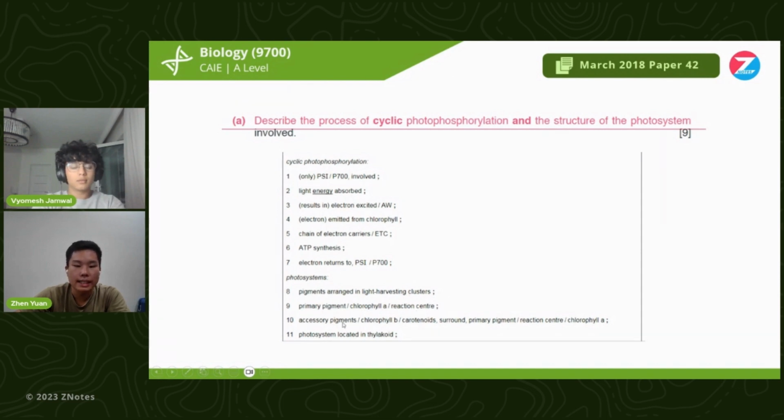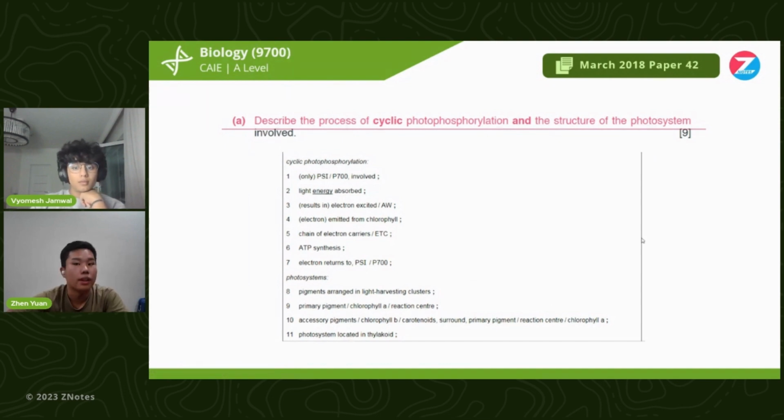And yeah, your photosystems have these accessory pigments: chlorophyll B, carotenoids, and your xanthophylls. This is quite an old mark scheme, but yeah, your accessory pigments are chlorophyll B, carotenoids, and xanthophylls. And photosystem is located in your thylakoid.